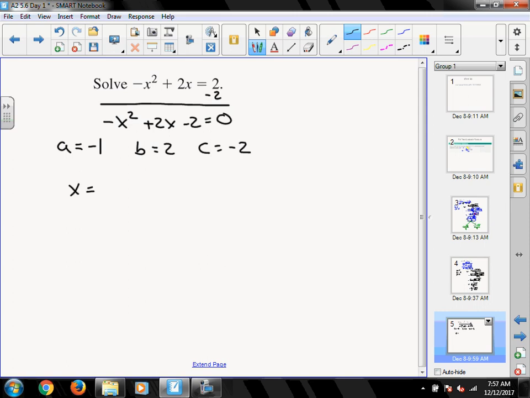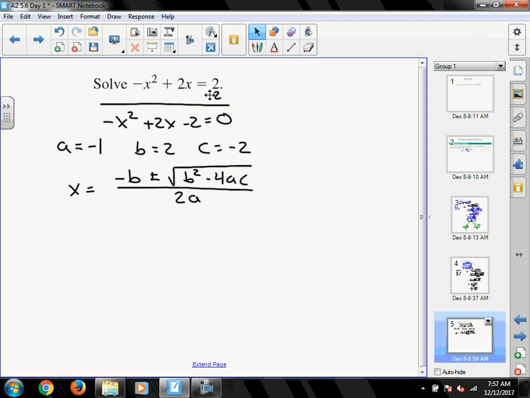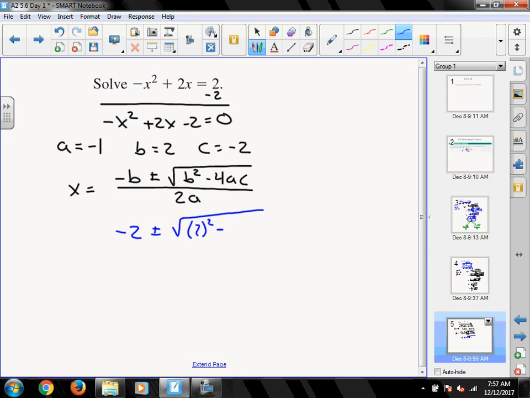When we plug into our formula, x is equal to negative b plus or minus the square root of b squared minus 4ac all over 2a. And we plug in from there. So we're going to get negative 2 plus or minus the square root of 2 squared minus 4 times negative 1 times negative 2 all over 2 times negative 1.